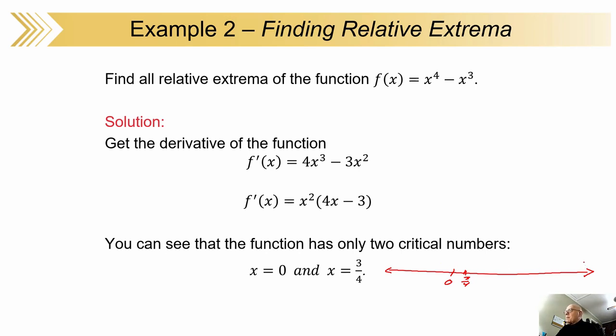Three areas. Then what you're going to do is pick any number that you like in that first interval. Say you pick a -7. You'll put that in here and find out whether you get a positive or a negative answer, period.